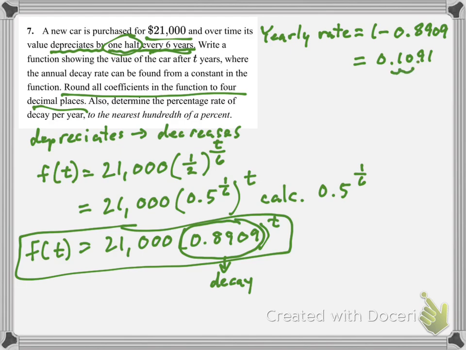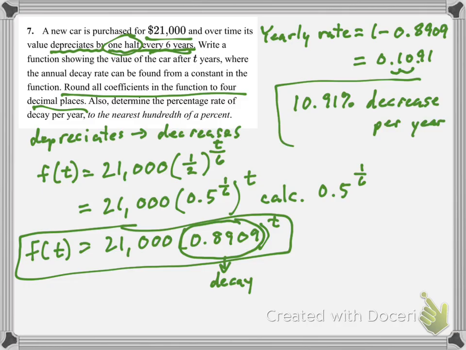If I move the decimal 2 to the right, I have a 10.91% decrease per year. So every year you have the car, the value of the car decreases by 10.91% in this situation.